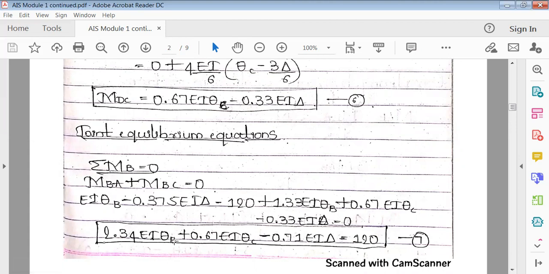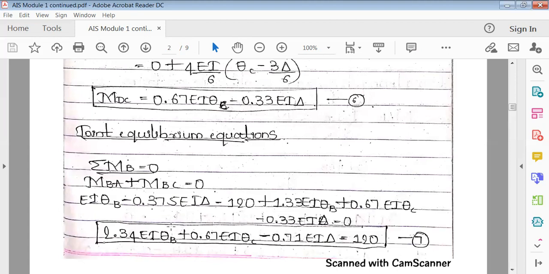The most important thing here is that when you're writing this equation, it should be in this sequence: always first theta B, theta C, followed by the delta value. Only if you keep it in this form, when you substitute this equation in the calculator, will you get the right answers.